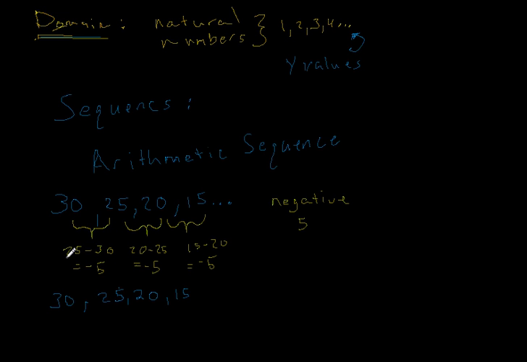What would you do? Well, the first thing, you see the pattern: subtract 5. The next three terms I would predict would be, subtract 5 from 15, and those last three terms would be 10, because 15 minus 5 is 10. 10 minus 5 is 5, and then 5 minus 5 is 0.